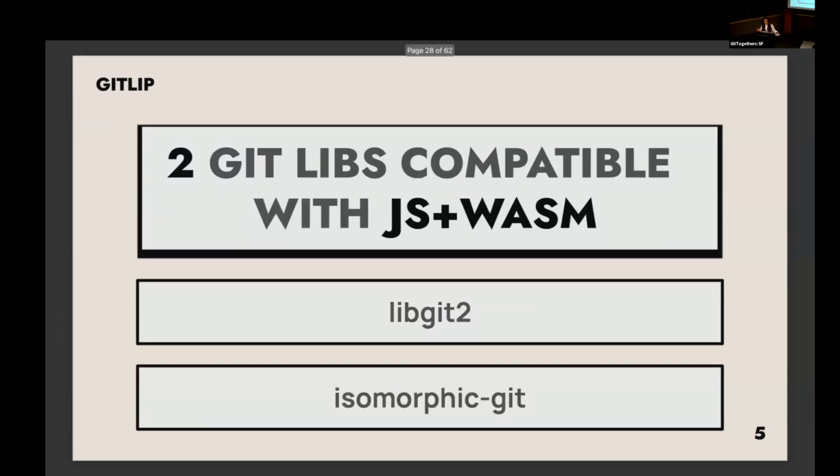We judged that there were two legitimate libraries we could use, libgit2 or isomorphic Git. Both are amazing projects run by incredible people. It seemed to us that libgit2 is one, more battle-tested, two, more robust, and three, implements more core Git APIs, so we chose to go with it.